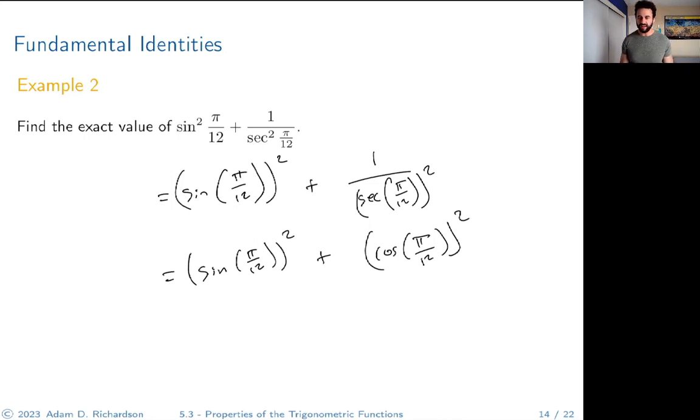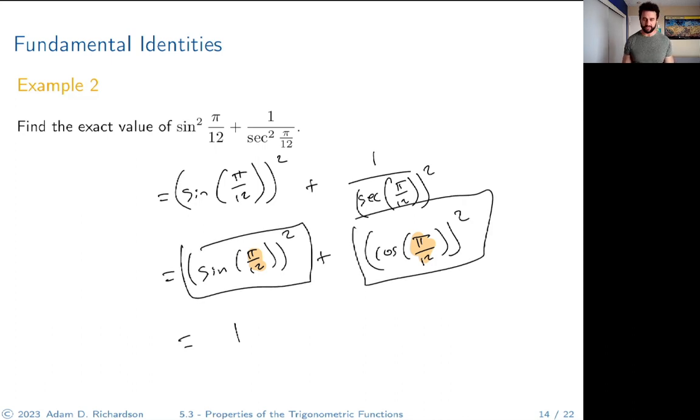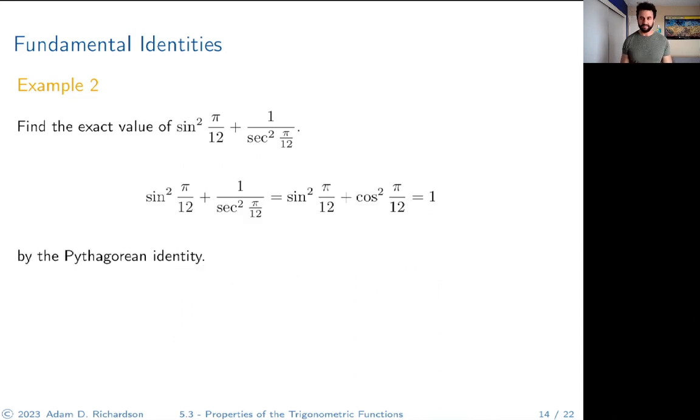This is sine of an angle squared plus cosine of an angle squared, right? That's the Pythagorean identity. This is equal to 1. So the answer is 1. The value is 1 by the Pythagorean identity. And that's it.